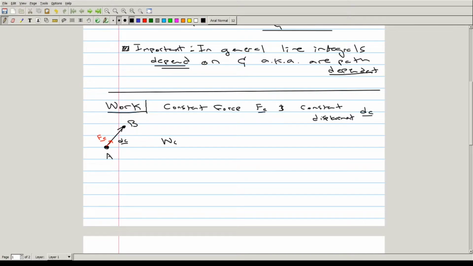The work done moving from A to B is exactly equal to the dot product of FC with DC.